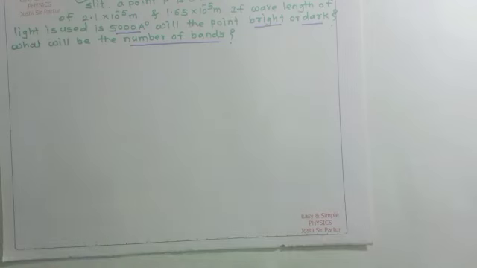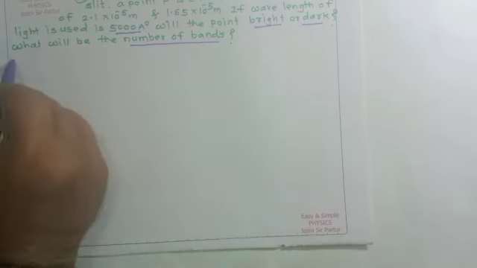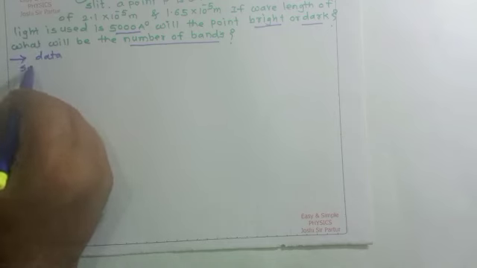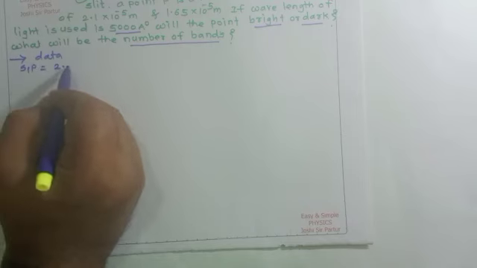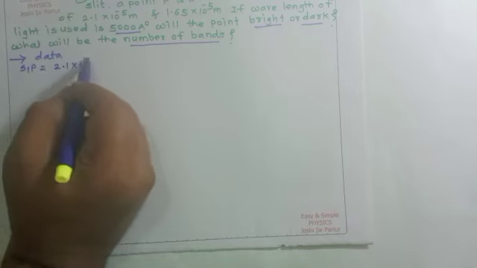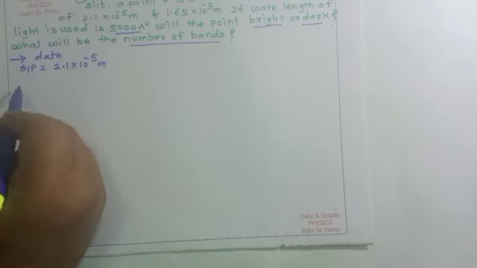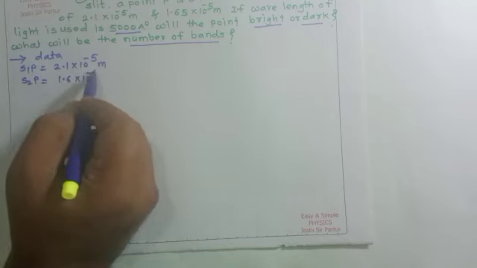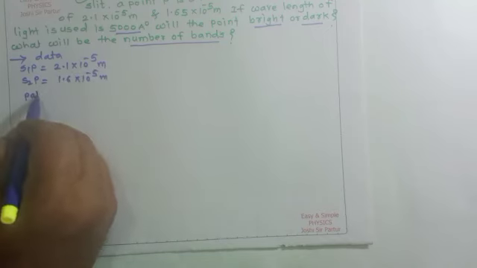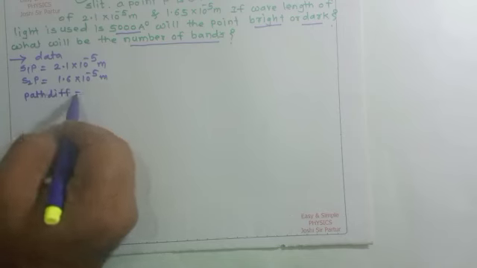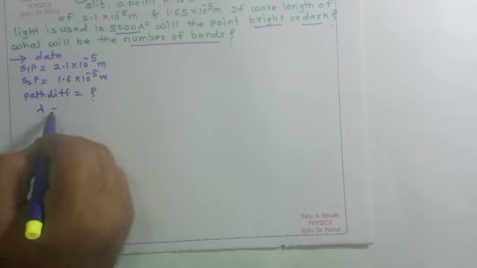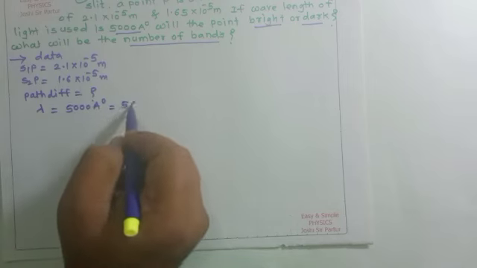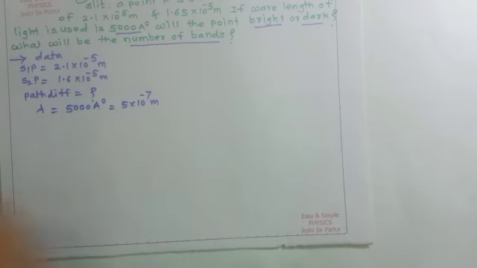We can find out the number of bands. Here a similar problem is given: S1P will be 2.1 into 10 raised to minus 5 meter, and S2P will be 1.6 into 10 raised to minus 5 meter. First of all, we can find out the path difference. The wavelength is given as 5000 angstrom unit, which is 5 into 10 raised to minus 7 meter.